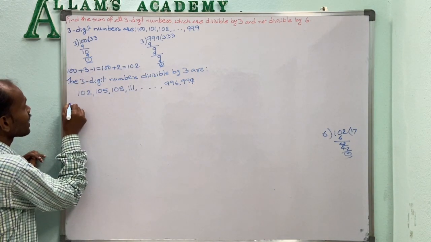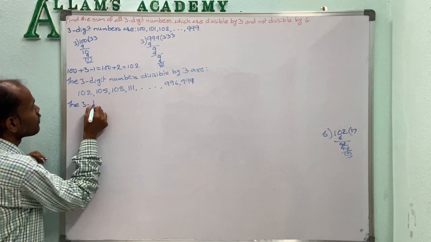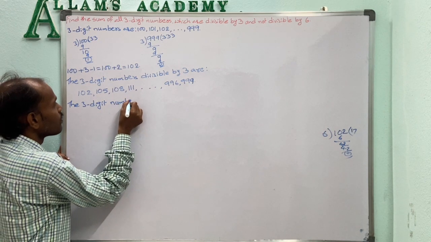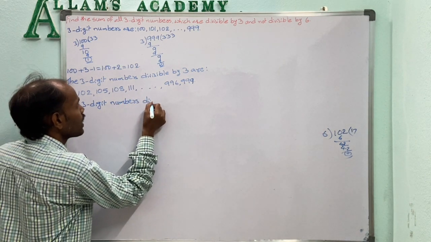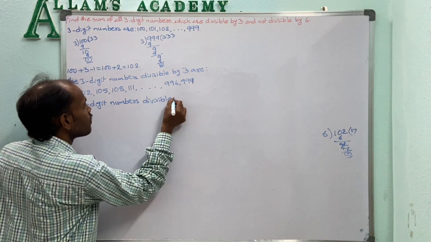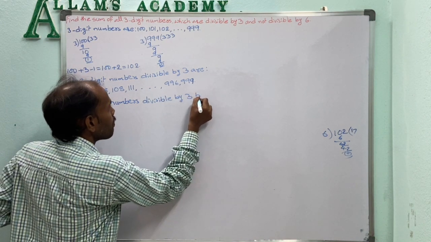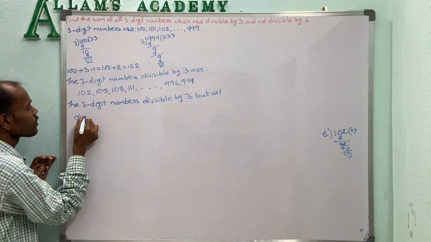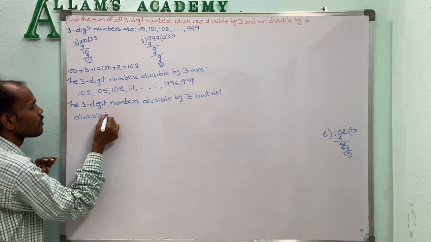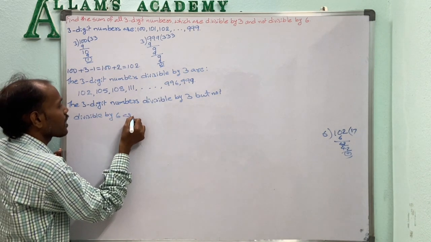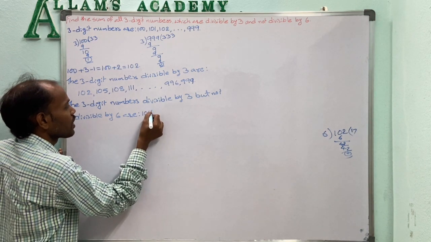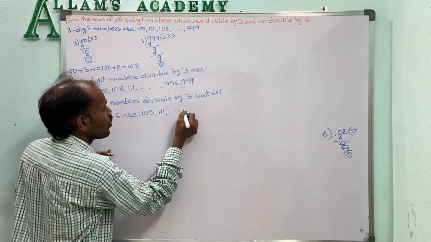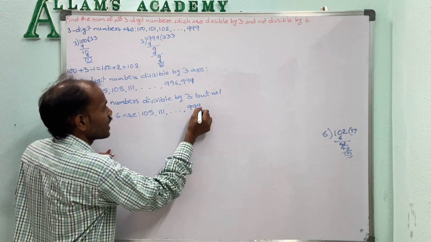So now the 3-digit numbers divisible by 3 but not divisible by 6 are: first one is 105, the next one is 111, and so on up to 999.